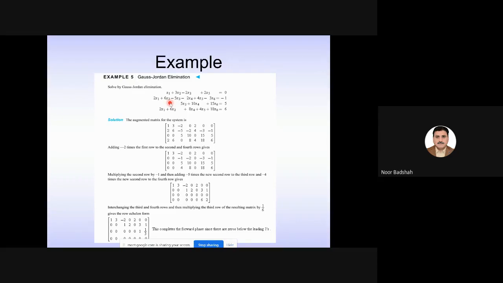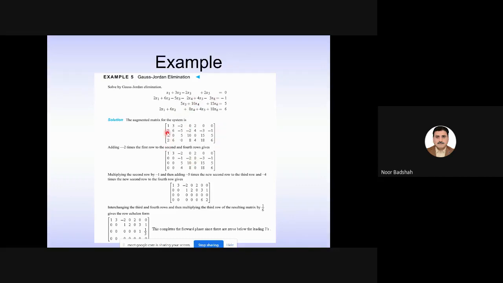So first we take the augmented matrix. That's the coefficients 1, 3, minus 2, x4 is 0, x5 is 2, x6 is 0, and the right side is 0. Then 2, 6, minus 5, minus 2, 4, minus 3, and so on.